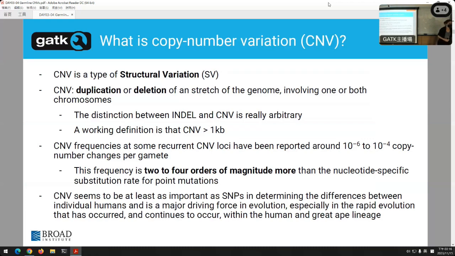But even though there are typically fewer copy number variants per individual than SNPs and indels, they're very large, so they have a big impact when they do occur. And so CNVs seem to be at least as important as short variants in determining the differences between individuals and in playing a role in our evolution.